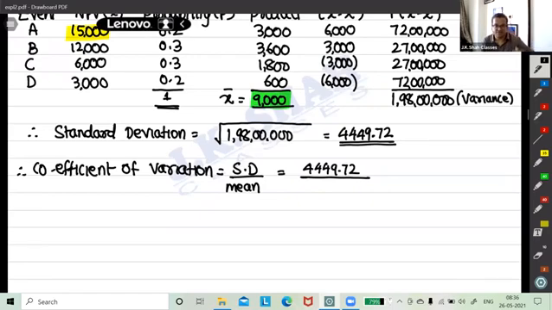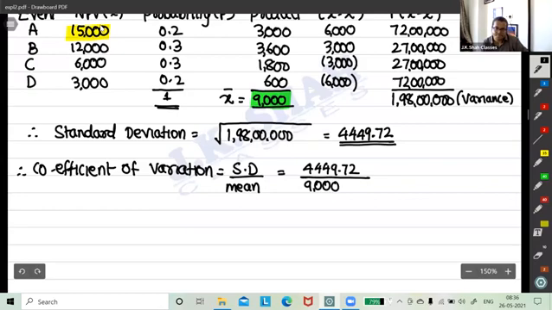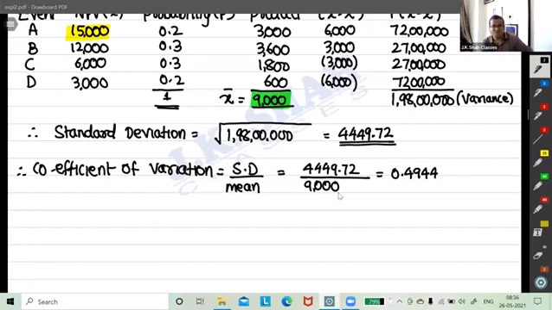That's an X bar average value only, 9,000. 4449.72 divided by 9,000. 0.4944. You can multiply by 100 also, doesn't matter. Right? You can keep like this also.